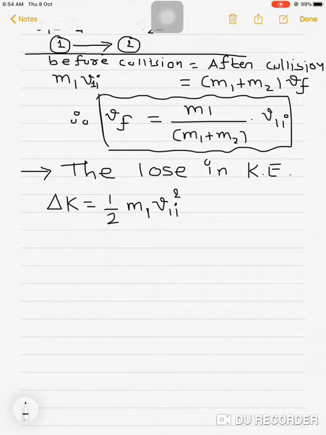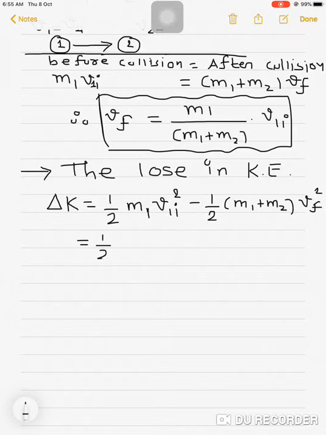This is obvious because initially we considered that object 2 is stationary. Now due to the loss of energy, after collision it will be 1 by 2 (m1 plus m2) into vf square.